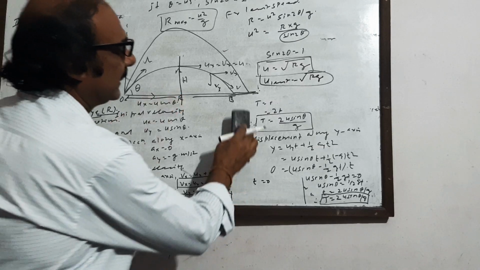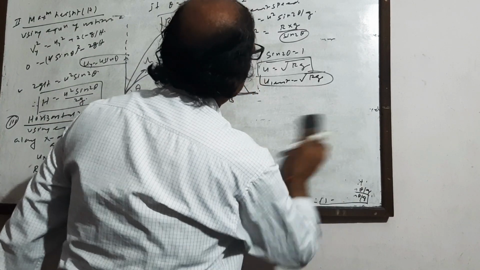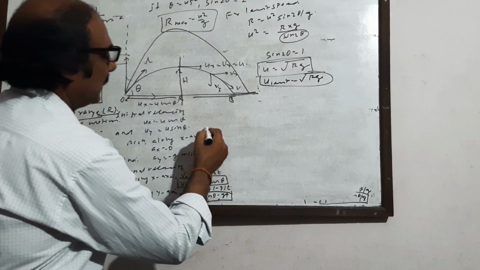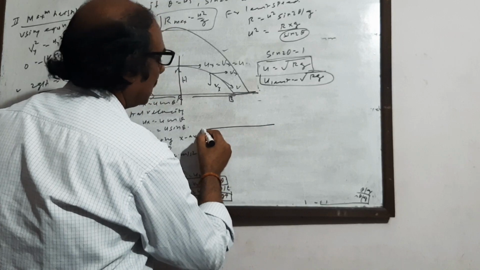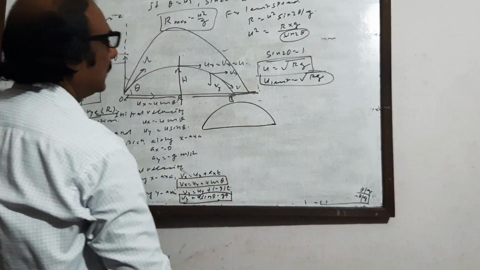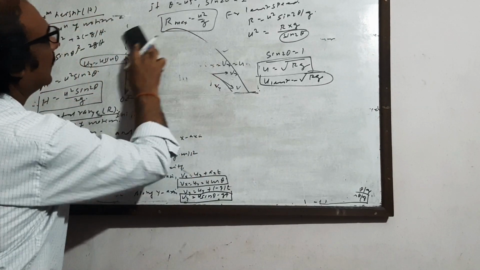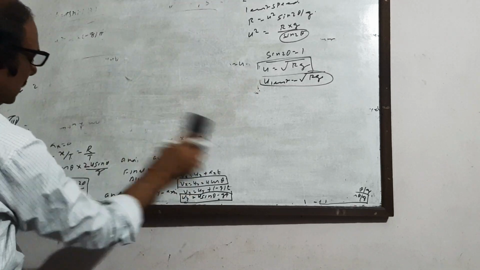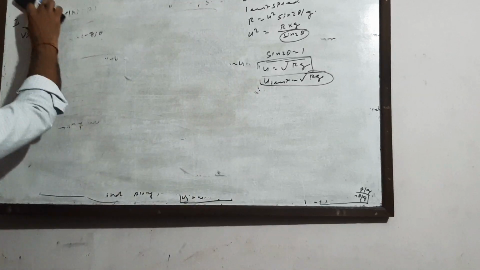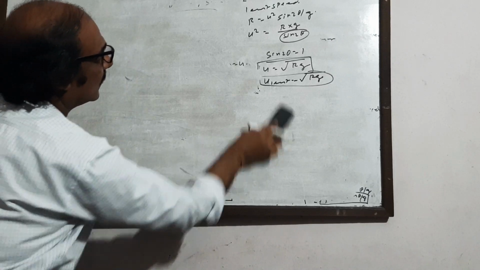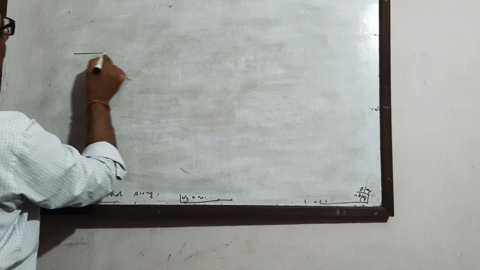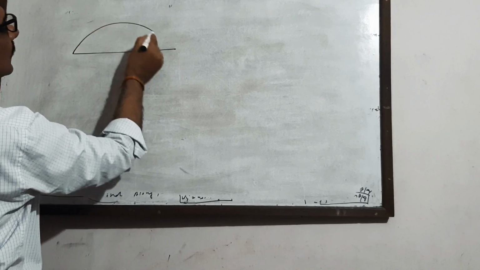Now come to the point again, to derive an expression for the velocity of the projectile at any instant t. Draw the picture again.